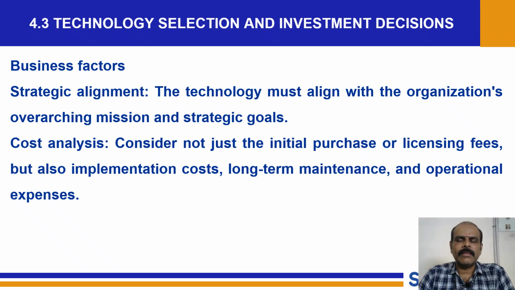And coming to the next factor, cost analysis. See, why cost analysis is very essential: at any point of time the company will look into its business, and business is going to be associated with cost. Initially we need to spend, then we need to get governmental permissions if necessary, then there is installation cost, then maintenance, say AMC or something like that, and operational expenses.